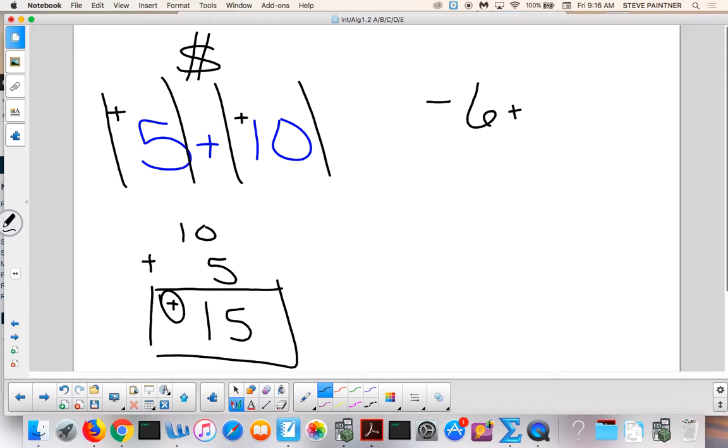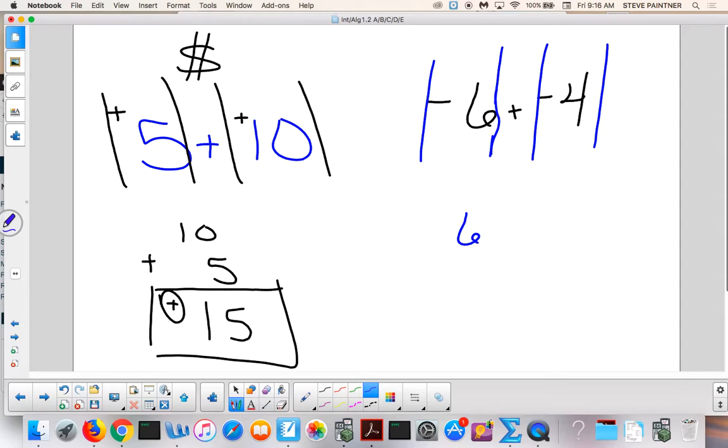On the flip side, what if they do this? -6 plus -4. You have same signs, a negative plus a negative. Find the absolute value. That's what they said to do. What's the absolute value of that? 6. Plus, what's the absolute value of that? 4. So you just add them in your head. 6 plus 4 is 10. Now, that's not the answer.